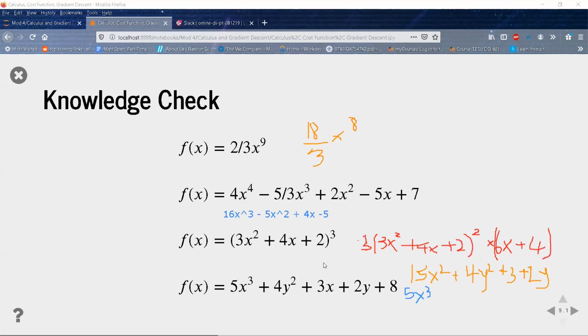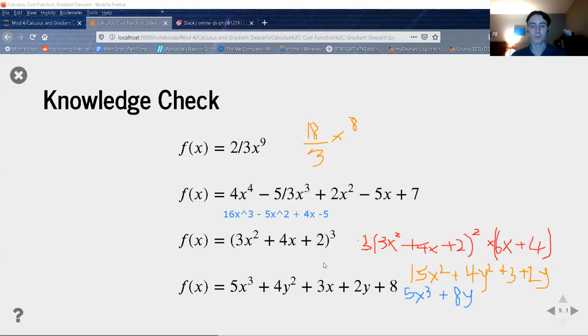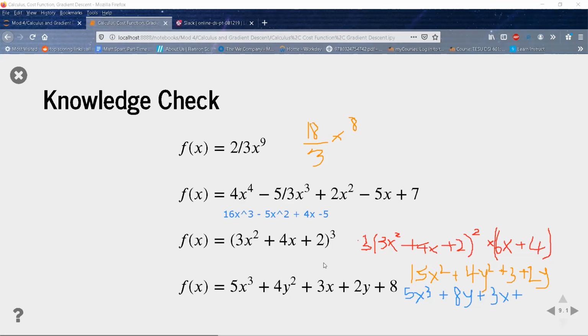Okay, so for the first one, we keep the 4y squared. That first one is the derivative with respect to x. So we only focus on the terms with x in it, and everything else stays the same. And similarly for the second one, with respect to y, we ignore the x and derive the y terms only.